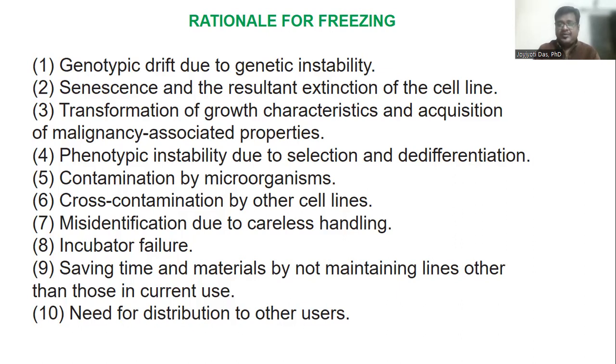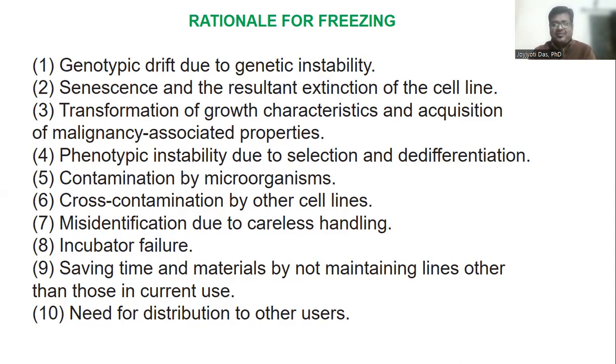So it is prudent to store a sufficient amount of those cells before you start the experiment, so that you can end all your runs of the experiment with the same stock of cells for homogeneity of results. Then there might be transformation of growth characteristics and acquisition of malignancy-associated properties. This is again a transformation that might occur in your cells due to random mutations. Similarly, for phenotypic instability.